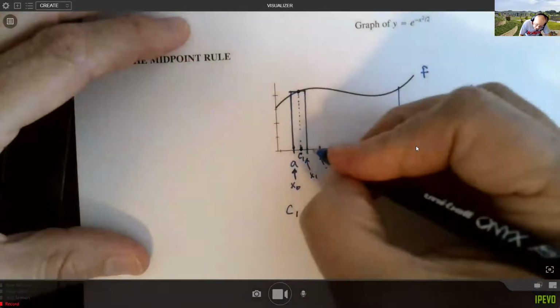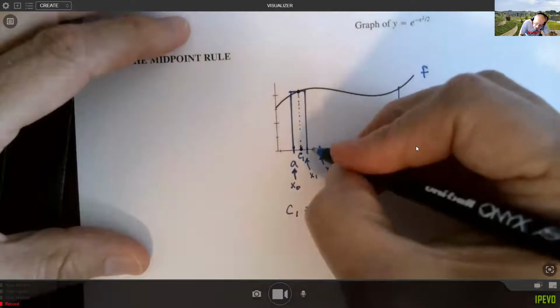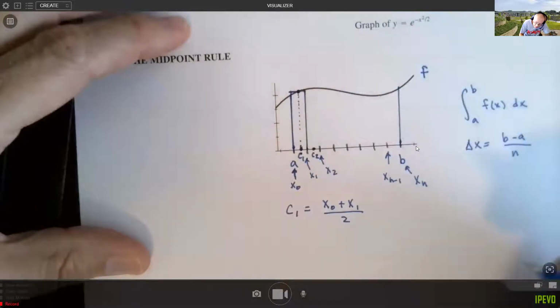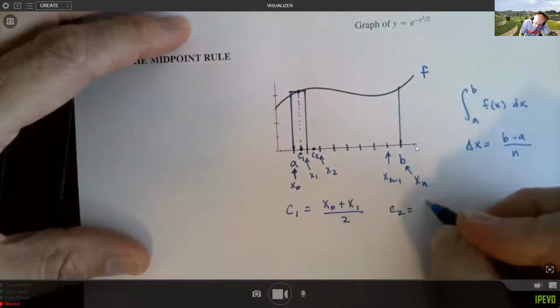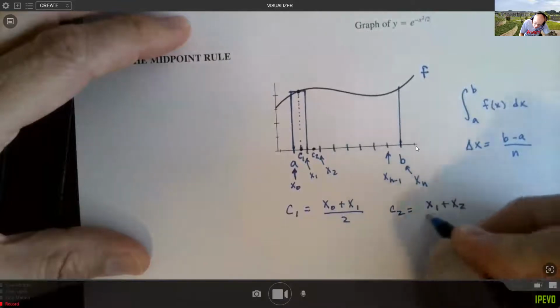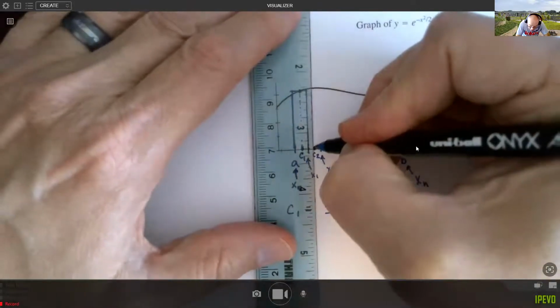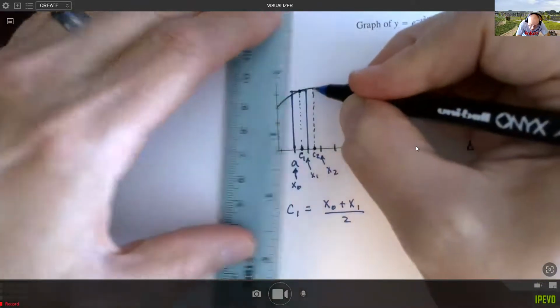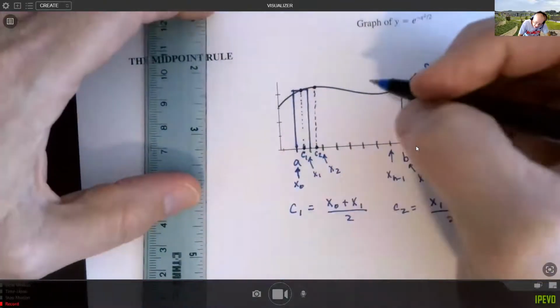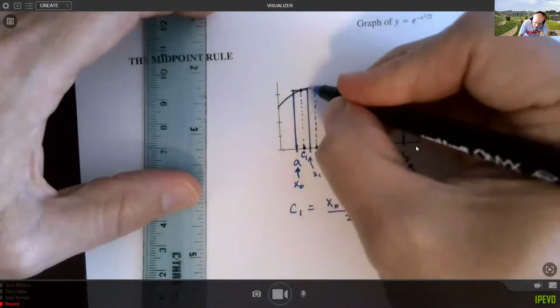And then on the second interval, between x sub 1 and x sub 2, we'll find c sub 2. So c sub 2 would be x sub 1 plus x sub 2 divided by 2. And then we would have the height determined by that midpoint for our next rectangle.